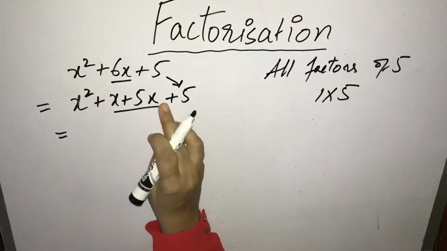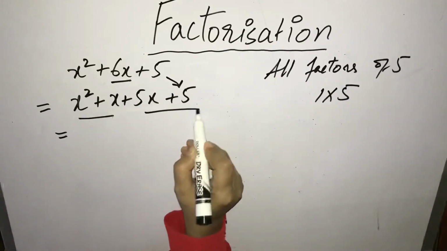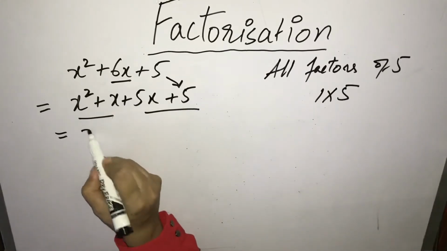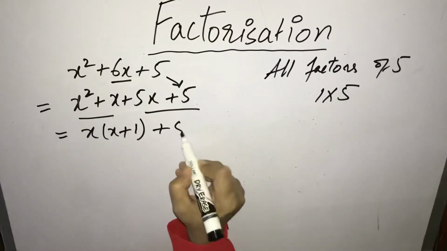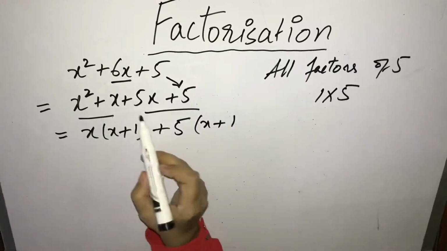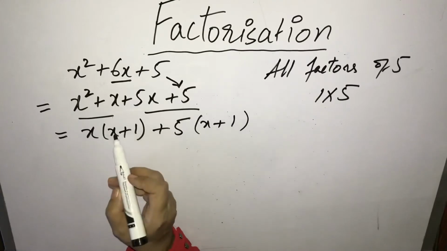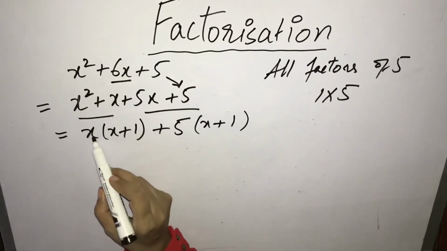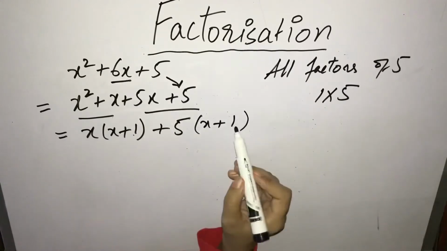When I shall make the pairs, I will take first two and last two. From first two, I shall take x common, remaining x plus 1. And when I shall take 5 common, I shall have x plus 1. If I have to check, I can easily multiply: x square, x ones are x, plus 5x, plus 5 ones are 5.